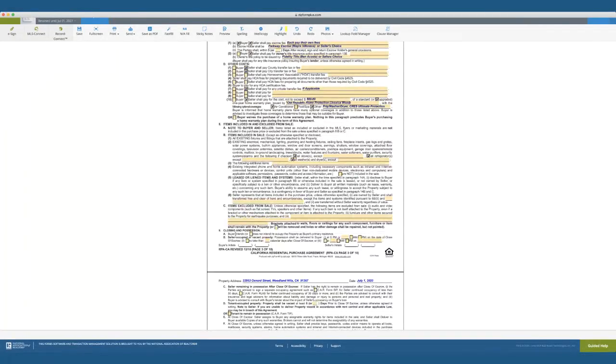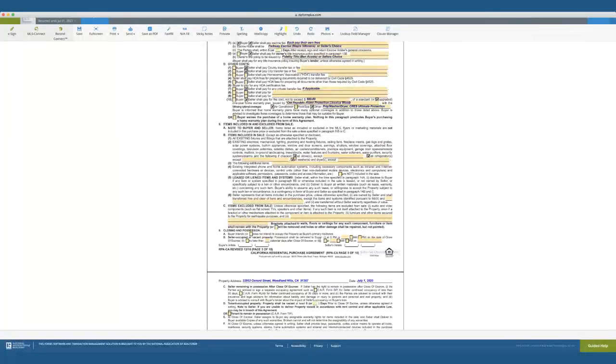Very important, does the buyer intend to live in the property? If it's a seller occupied property, then possession is usually going to be at 6 o'clock on the date of close of escrow. Now you can change that.